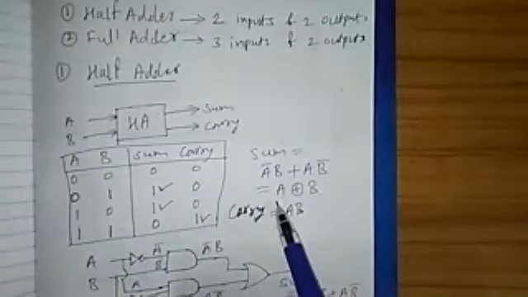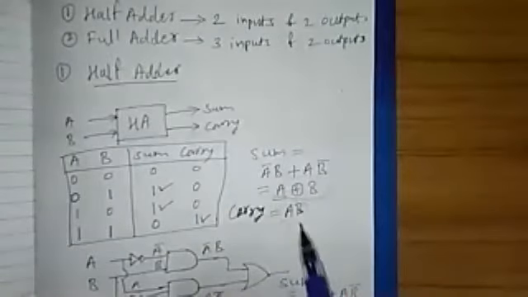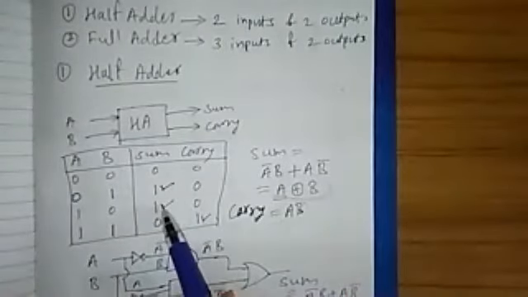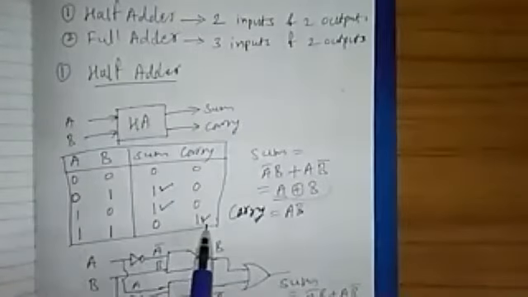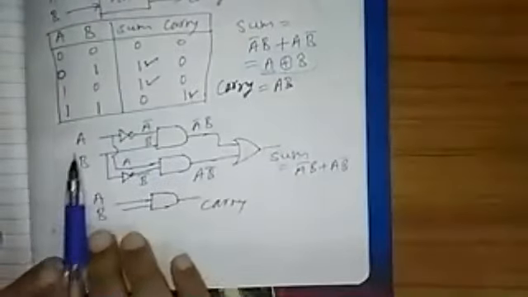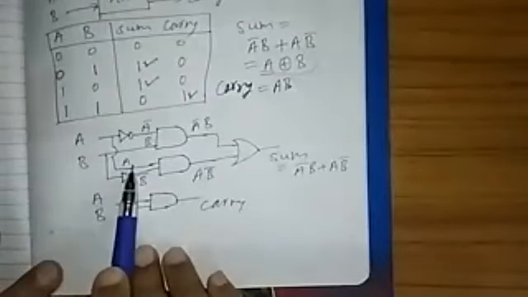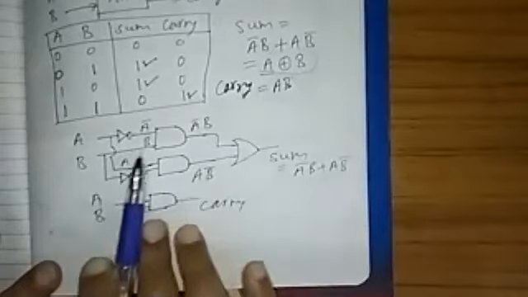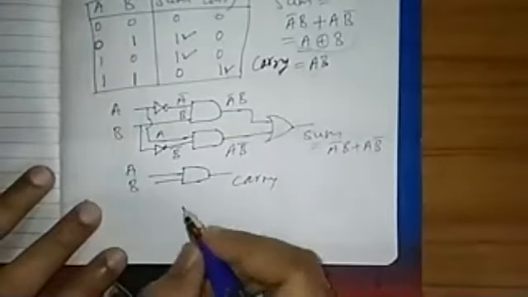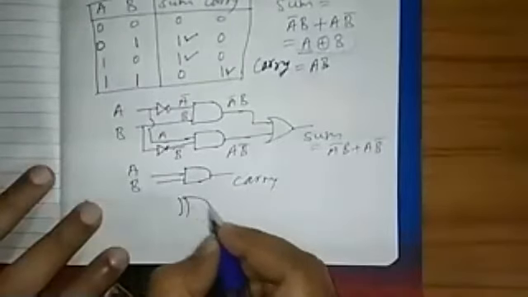From this we got the expression. Sum will be A XOR B and carry will be AB. From the 1s we write the expression: A bar B plus A B bar, and for the carry it is AB. Now if I want to draw it using basic gates, this will be the logic diagram, using NOT gate, AND gate and OR gate. You can also show it with derived gates, the XOR gate.